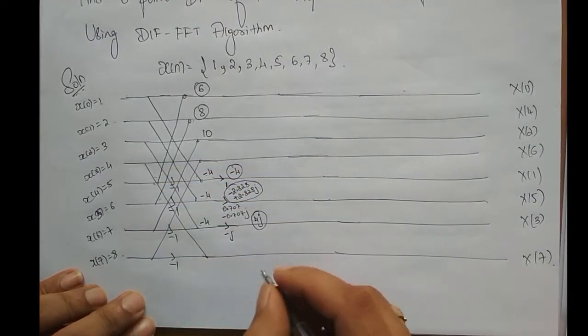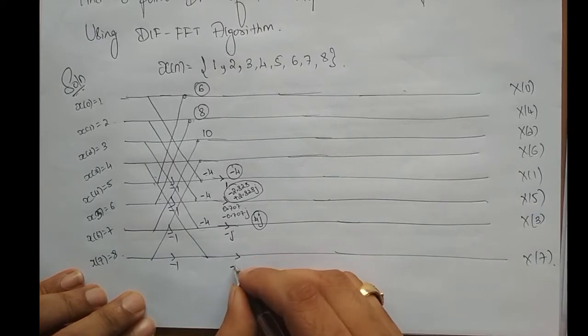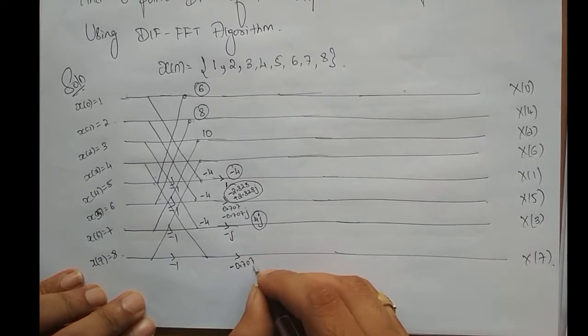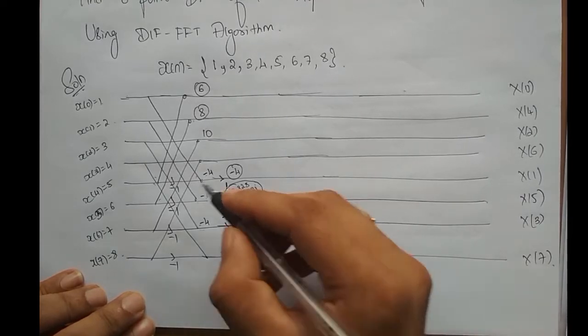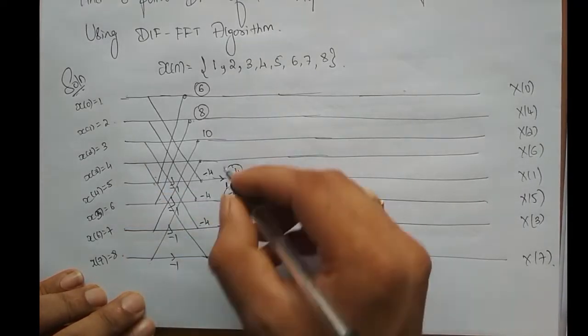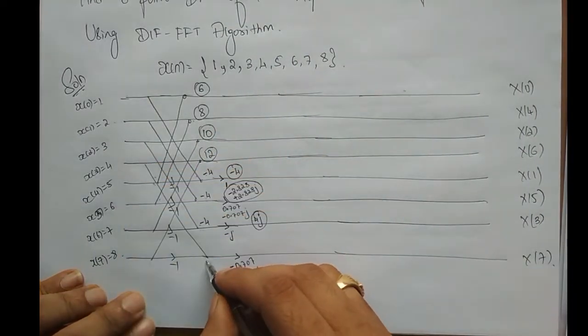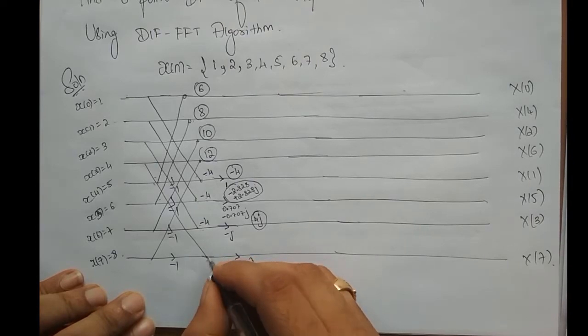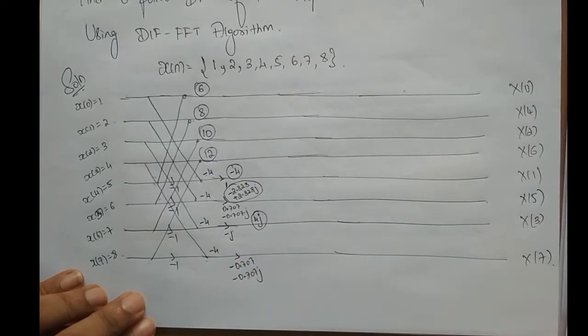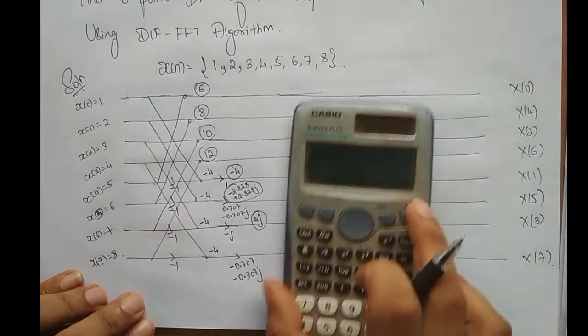First stage, last butterfly. So here W8 power 3, which is minus 0.707 minus 0.707j. So we have 4 coming here added with 8, which is equal to 12. So we have 4 coming here subtracted with 8, which is equal to -4. This is scaled by this factor. So what do we have?